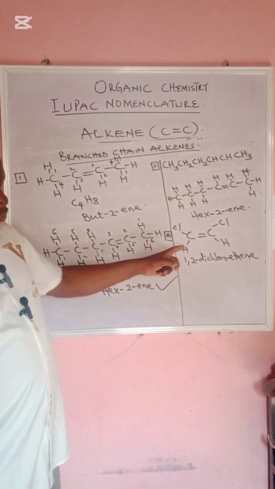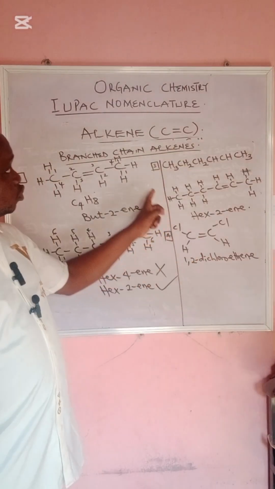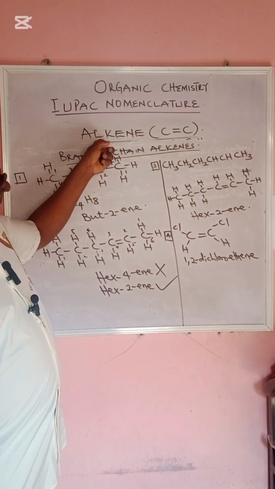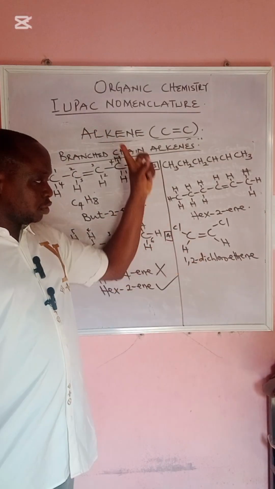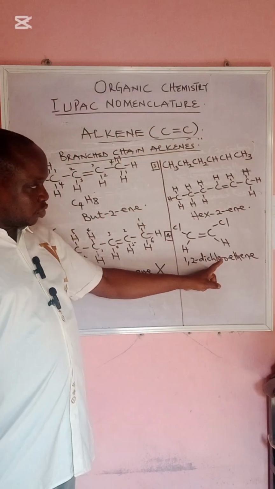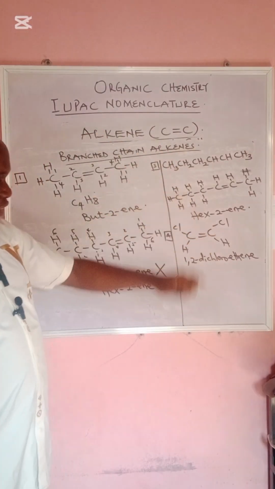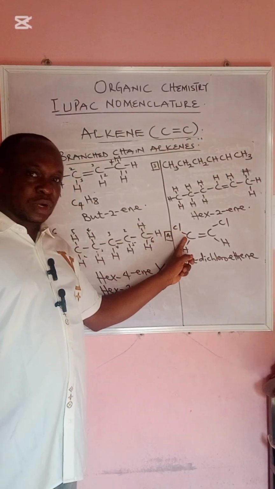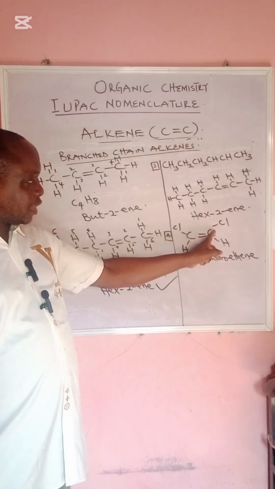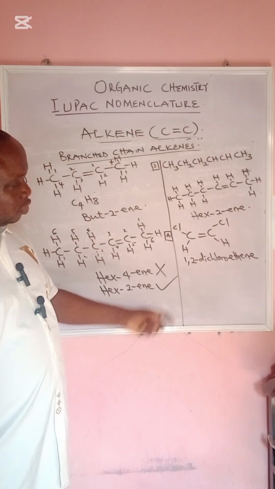That's the functional group. It belongs to alkene and it has 2 carbon atoms. That is ethene. So chlorine attached to carbon 1, another chlorine on carbon 2. So the name is 1,2-dichloroethene.